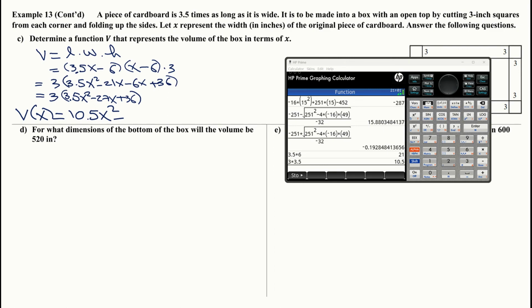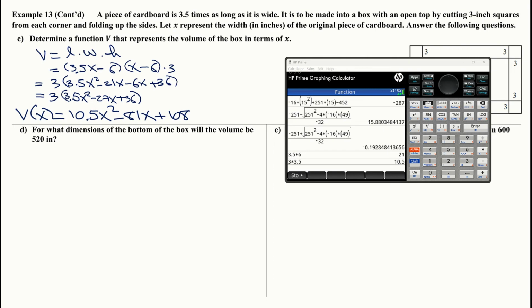So minus 81x. 3 times 36. 3 times 30 is 90. 3 times 6 is 18. So 108. So plus 108. So there's our formula for the volume function.